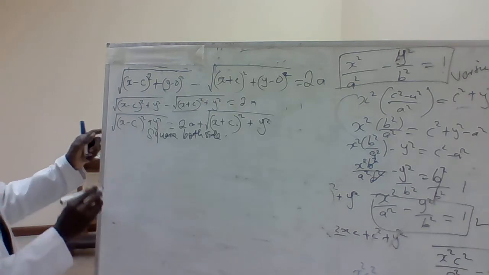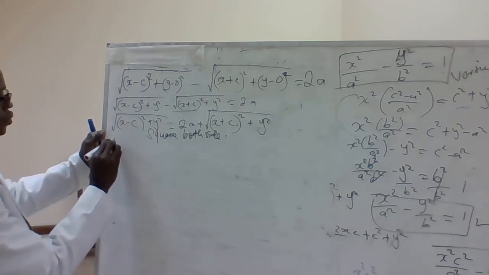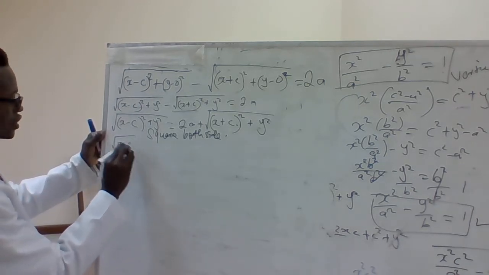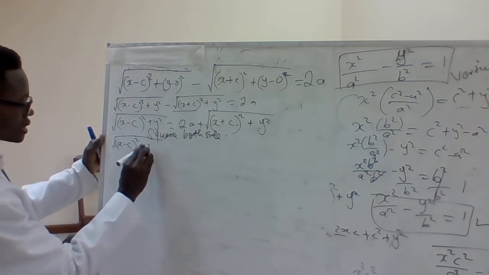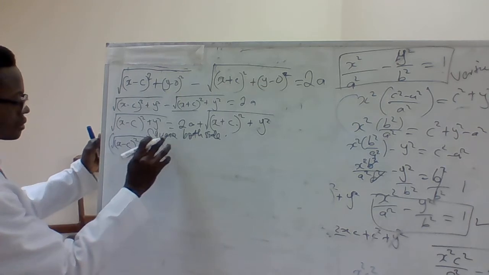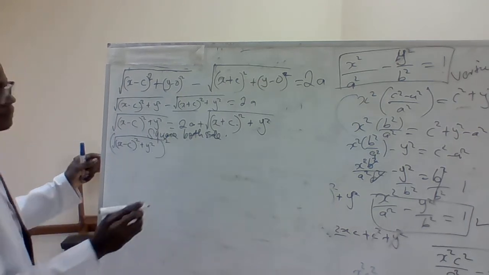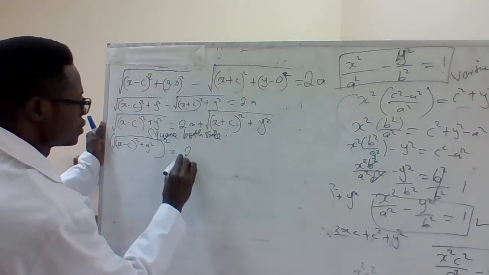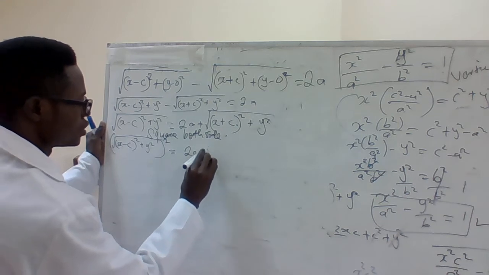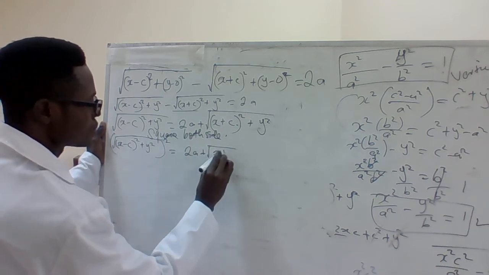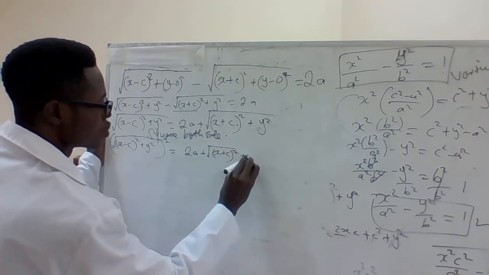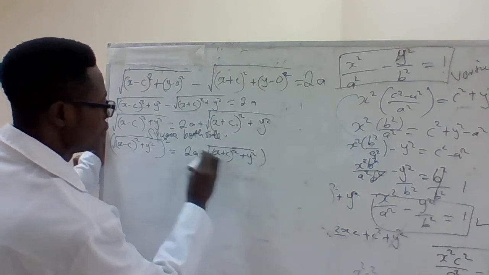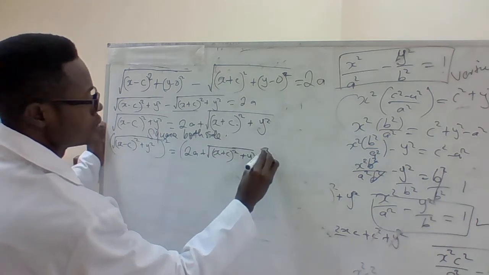To square both sides, we are going to have the square root of (x minus c) squared plus y squared, all this squared, is equal to 2a plus the square root of (x plus c) squared plus y squared, all this squared.